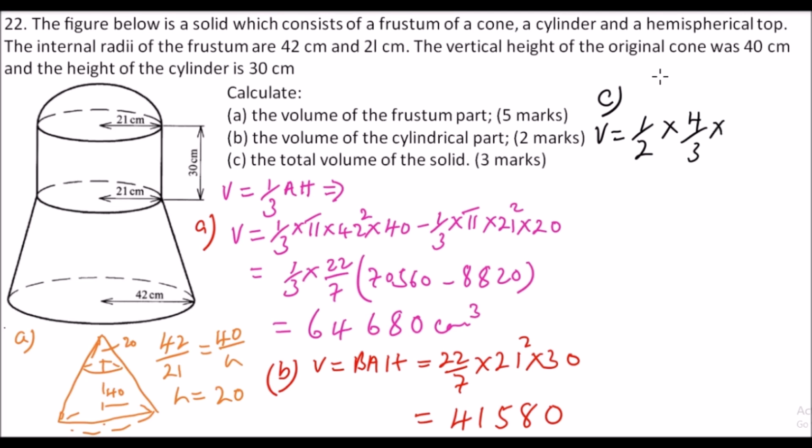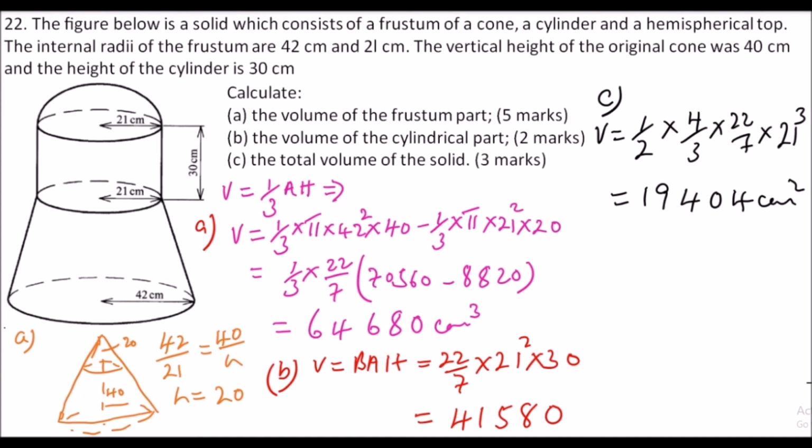So it is 22 over 7 multiplied by r cubed, where our radius is 21 cubed. Using a calculator, you should get 19,404 centimeters cubed.